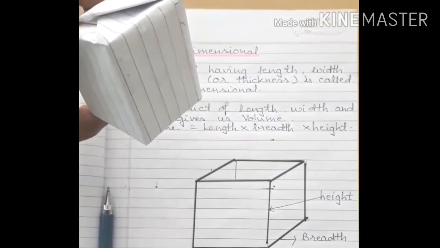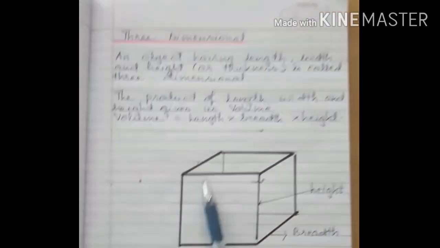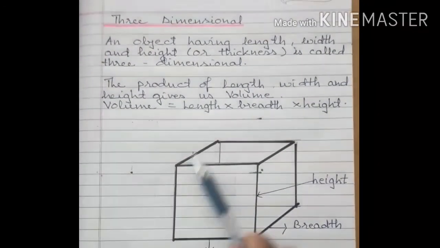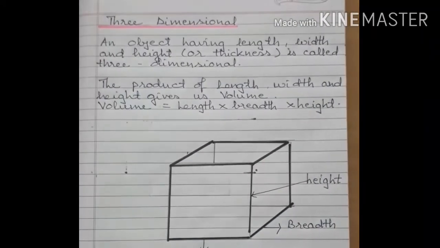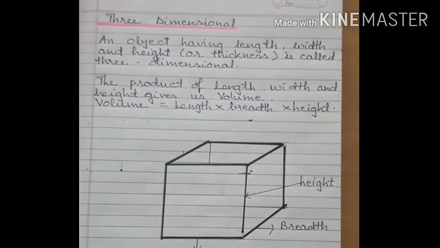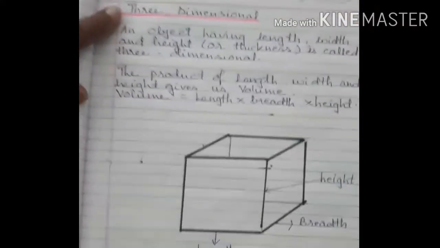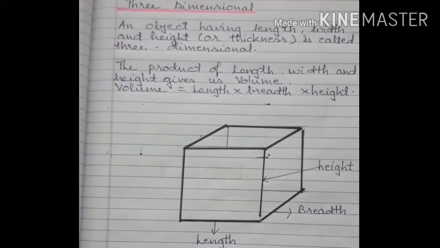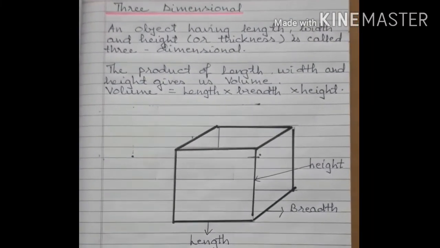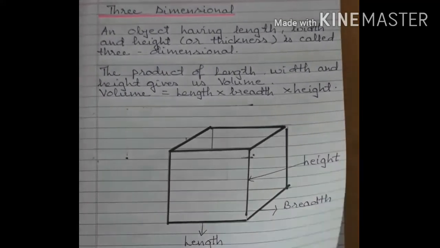It has height, length and breadth. Length, breadth and height. Now here is a rectangle, a square drawn, a three-dimensional object drawn. You can see this is the length, this is the height and this is the breadth. Such objects are called three-dimensional objects. For example, I showed you the box, I told you moon, earth, etc.